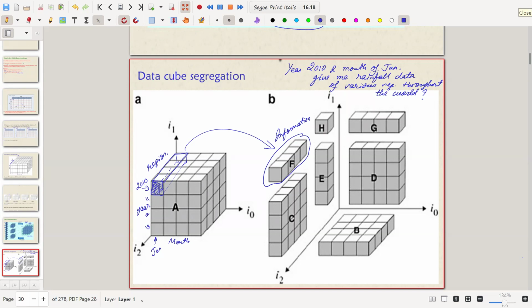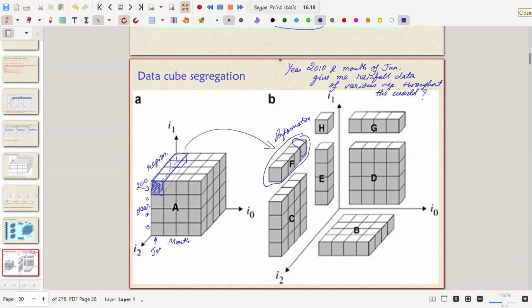So once you have stored the data in the form of a data cube, you can easily do all sorts of manipulations. Okay. Now can you tell me what this single cube represents? Yes, fixed region. That's most important. Now you're fixing the region also.